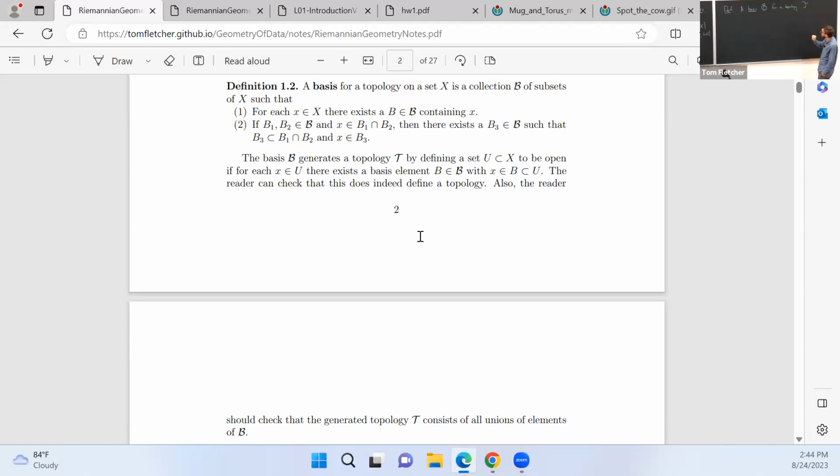So yeah, a basis B for a topology is a collection of subsets of X such that the following holds.